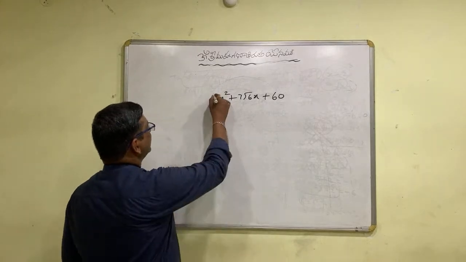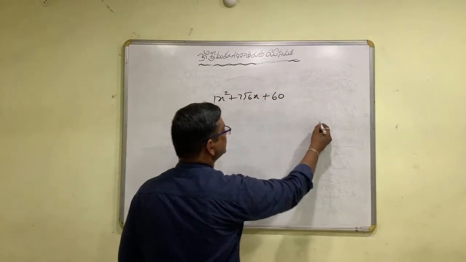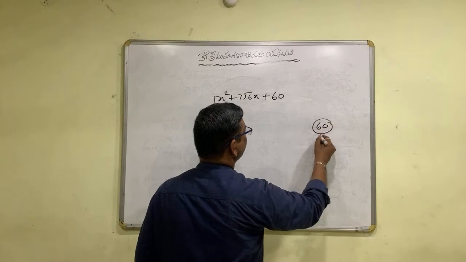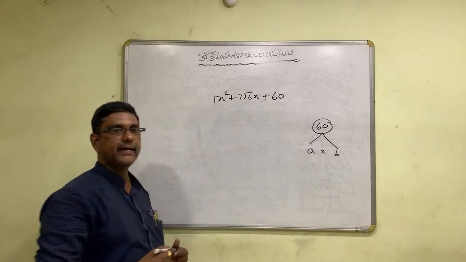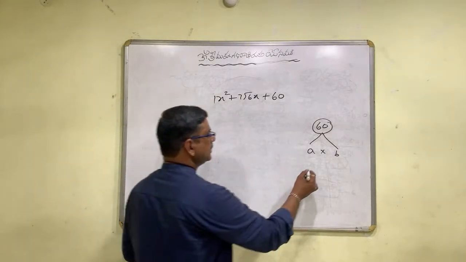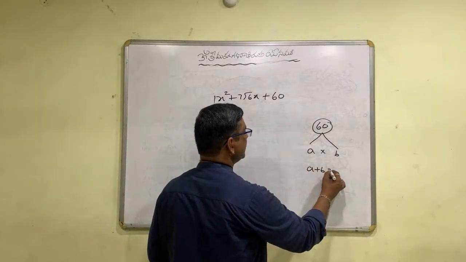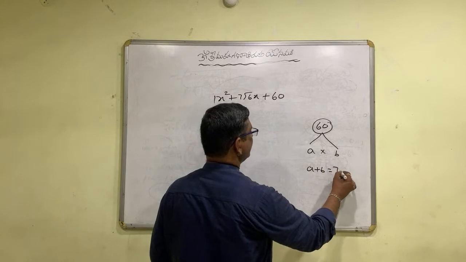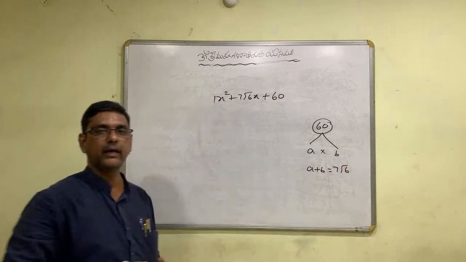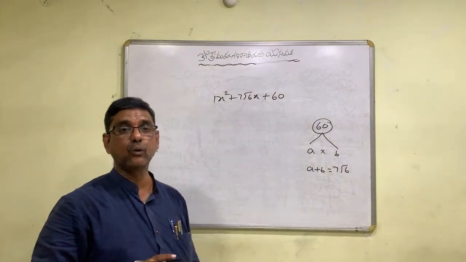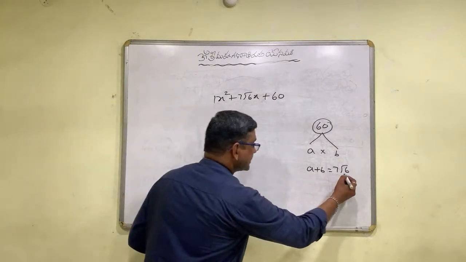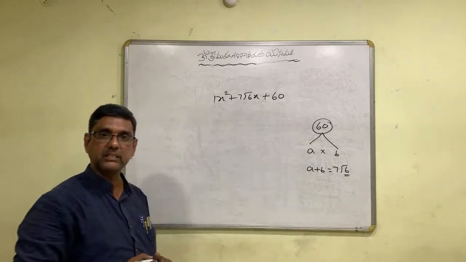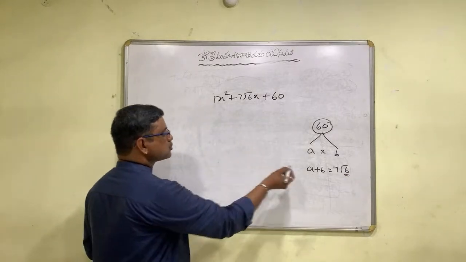Okay. 1 into 60 is 60. So we need to divide this 60 into a into b. A into b is 60, a plus b is 7 root 6.